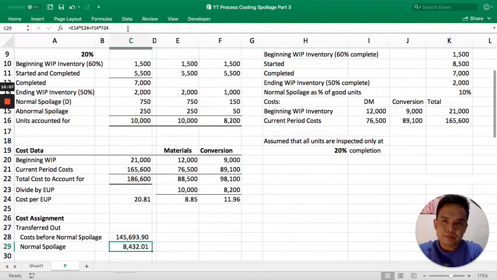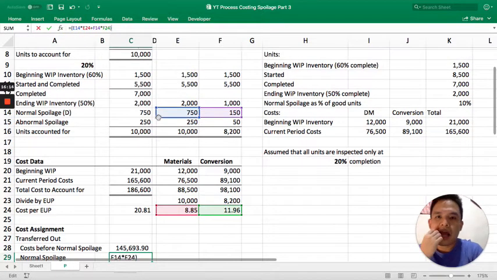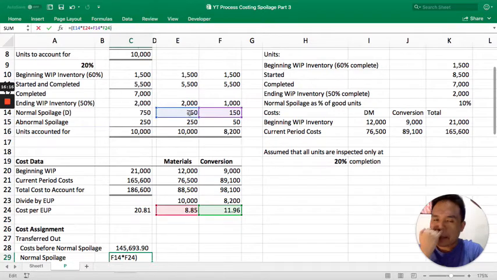So, magre-ratio tayo. Remember, out of the 750, that came upon as a ratio between 5, 5, and 2. I-ratio siya as to the number of units na pumasa ng inspection. Remember that ang pumasa sa inspection dito is just the started and completed na 5, 5, and the 2.